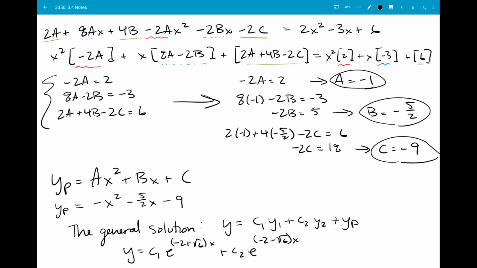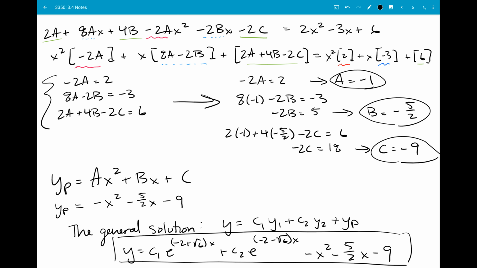So that's our general solution to the homogeneous equation. And then I just add what I found for y sub p. So that's going to be plus negative x squared minus 5 over 2 x minus 9. And at that point, the problem is solved.